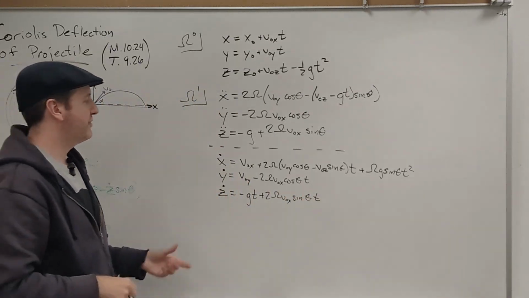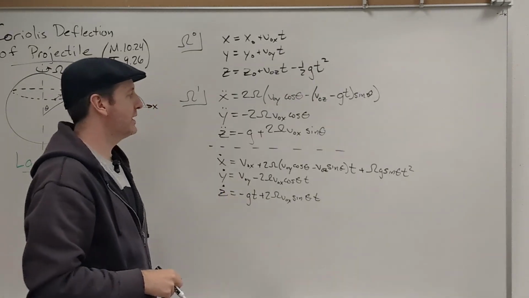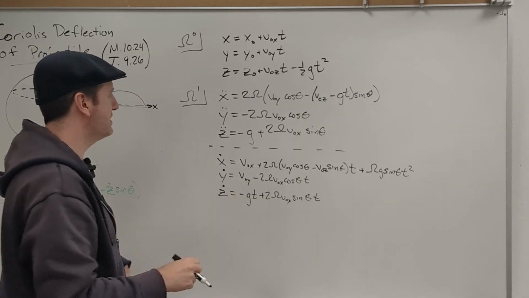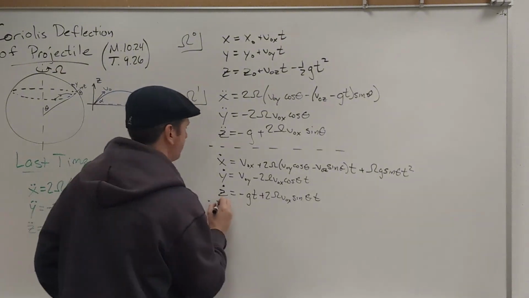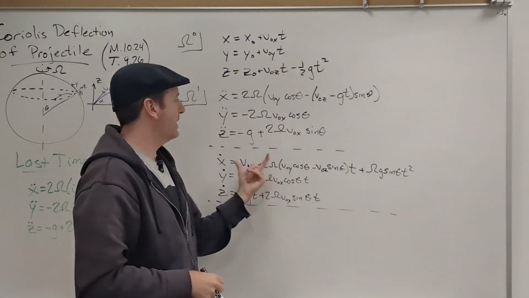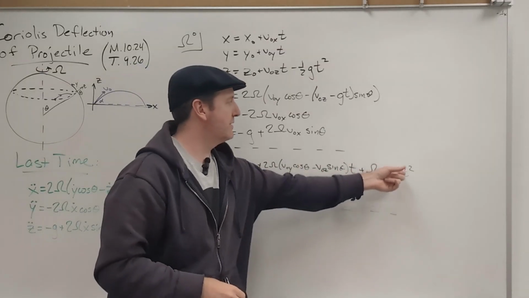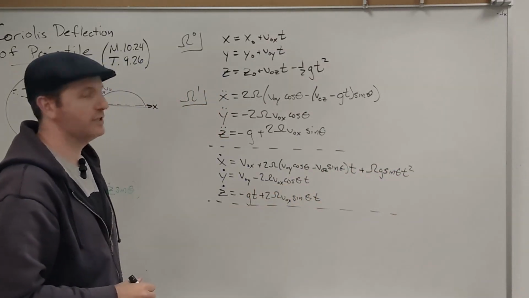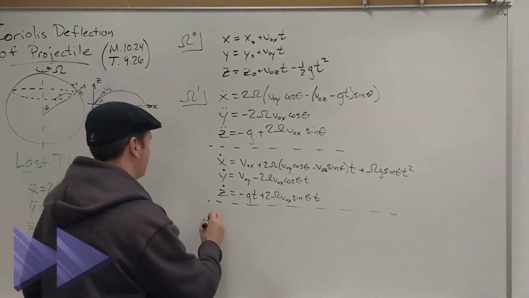Okay, so not so bad for the derivatives. And then finally, one more integral will give us the positions as a function of time. It's going to be a little messy, but again, everything here is constants except for the t's and t squareds that show up in each of these. So just power law.